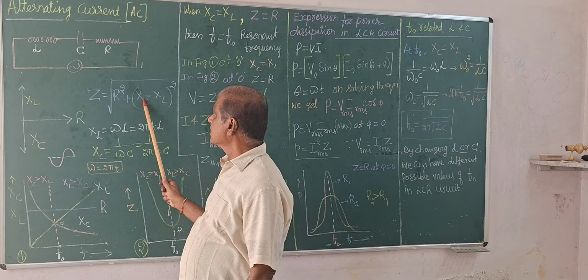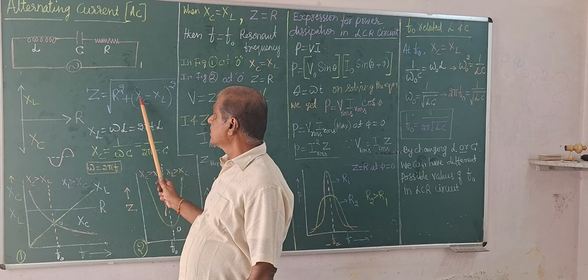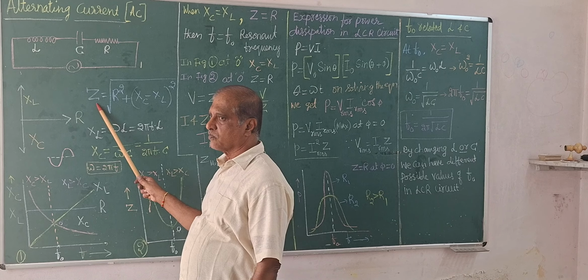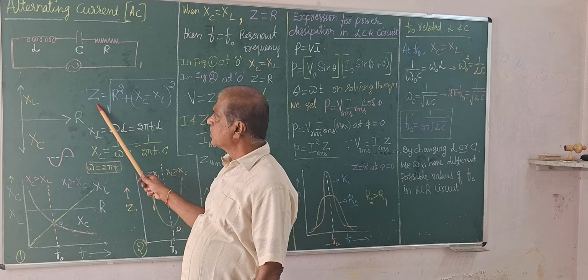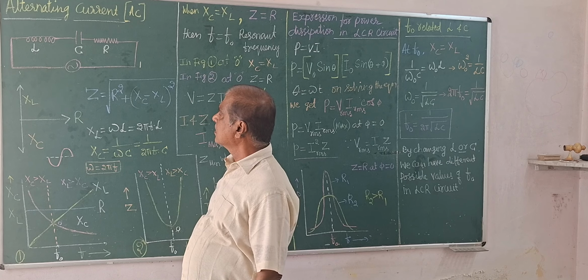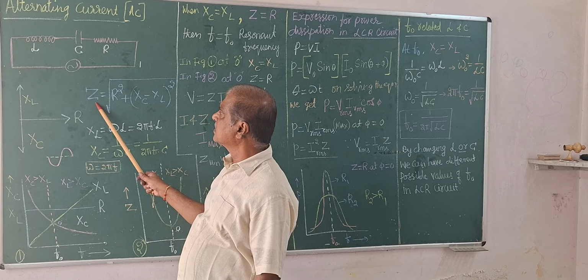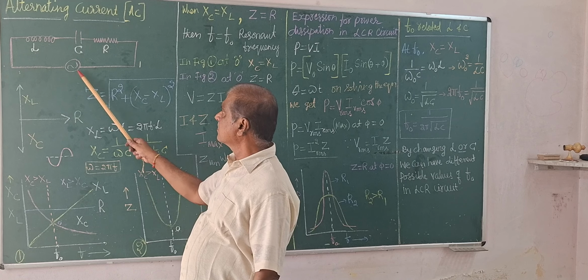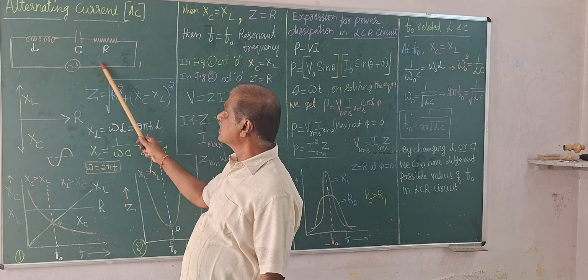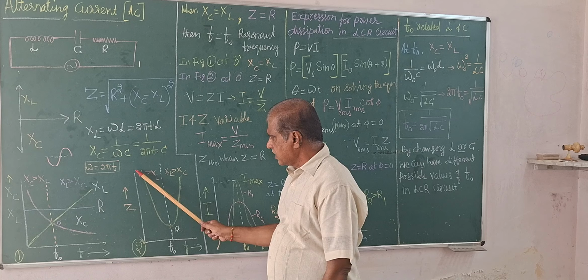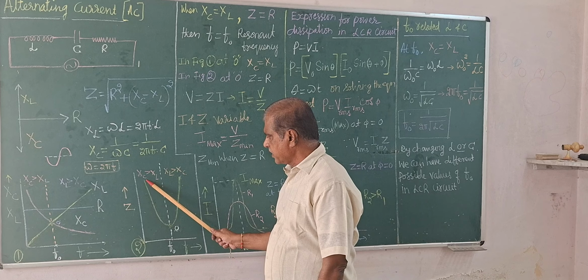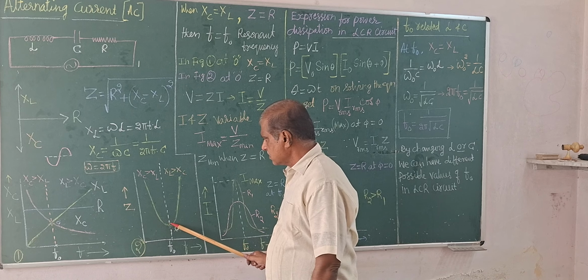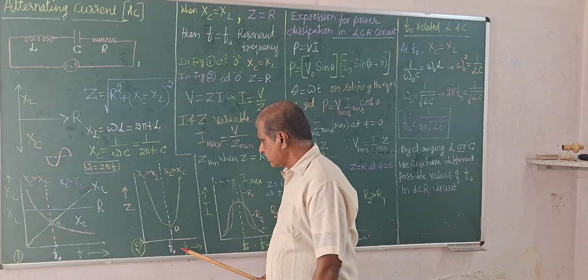Yeah, because this is a function of frequency, this must be a function of frequency. So we can also do the experiment on the LCR by measuring the impedance at different frequencies of AC, and draw the graph. We get a graph like this for variation of Z with frequency.